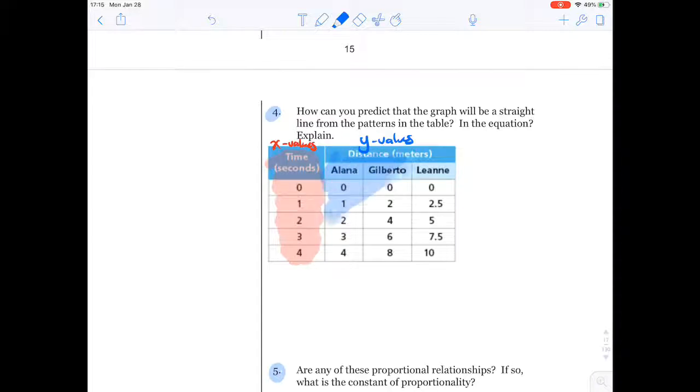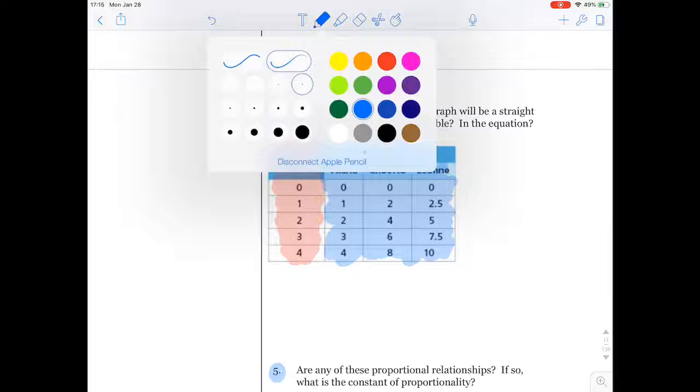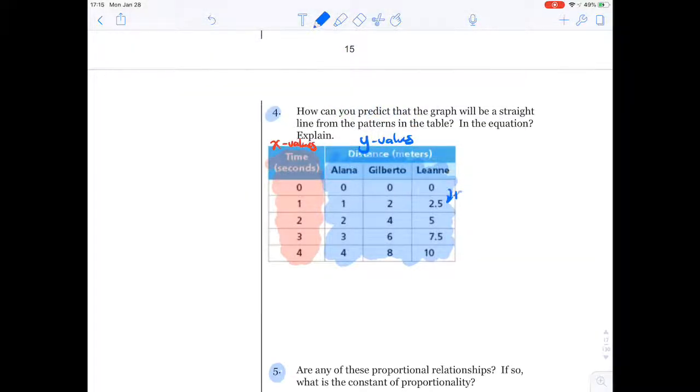You need to have a pattern of change in your table that's consistent. So here, this is a plus 2.5, plus 2.5, plus 2.5. Here, this is a plus 2, plus 2, plus 2, etc. This one is a plus 1, plus 1, plus 1 as we move along. And then over here we have a plus 1, plus 1, plus 1.